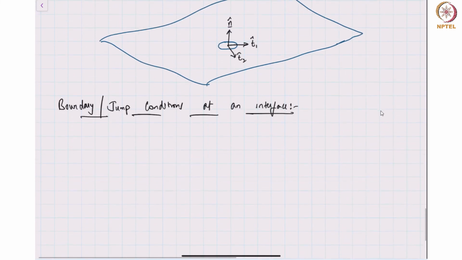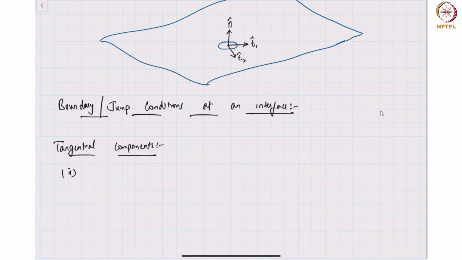Now the first thing is that let's look at the tangential components. Now, just like no slip is an empirically observed fact for the fluid flow, the boundary condition at a solid surface, which means that if a fluid is basically moving past a surface, macroscopically the fluid does not slip. The fluid obeys what is called a no slip condition at a solid surface.